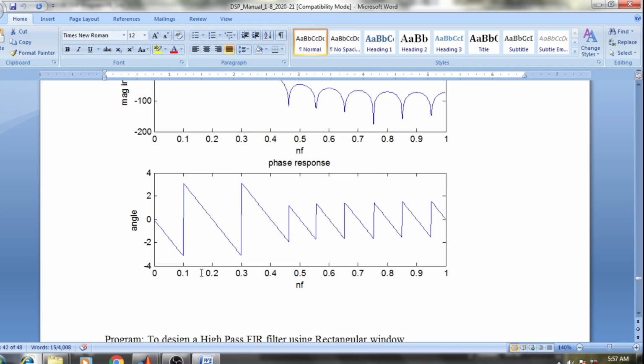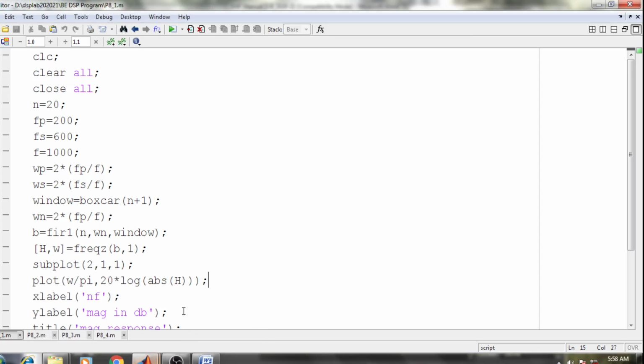Then again the low pass and high pass filter design using other windows. Initially I talk about the rectangular window, and then we will go for the Hanning window. We will compare the different kinds of windows using the FIR filter, and you will get an idea of how to use windowing functions with the help of MATLAB.